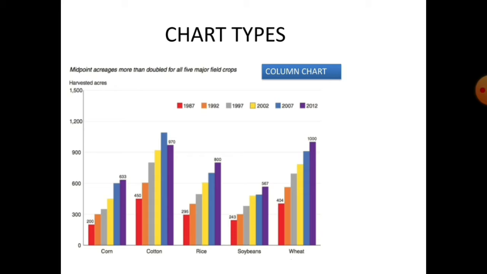A column chart is used to compare the values of two or more data series in the same category. In this, the category values are organized horizontally across the x-axis, whereas their corresponding data values are placed vertically across the y-axis.